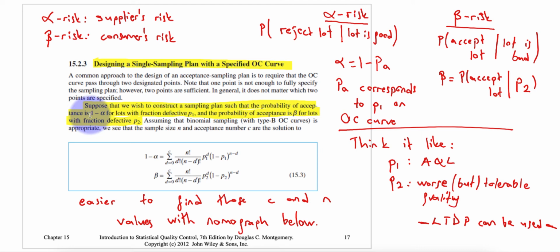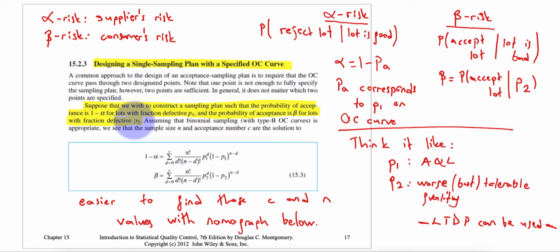That's why the probability of acceptance will be 1 minus alpha, and alpha will be the probability of rejecting. And the second point, the probability of acceptance is beta risk for lots with fraction defective P2.